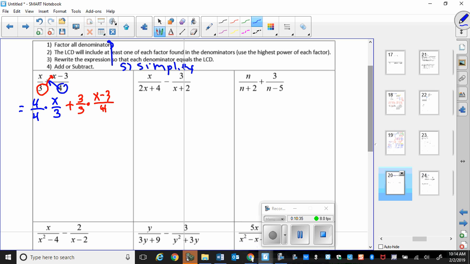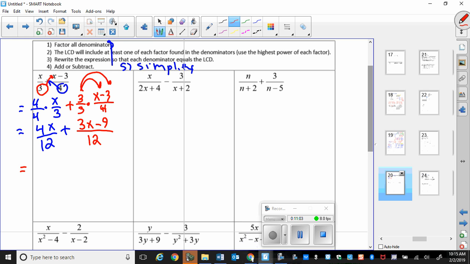So simplifying, I have 4x divided by 12 plus. Now, I do have to distribute the 3. So 3 distributes to x first. I get 3x. Then 3 distributes to negative 3, and I get negative 9 over 12.